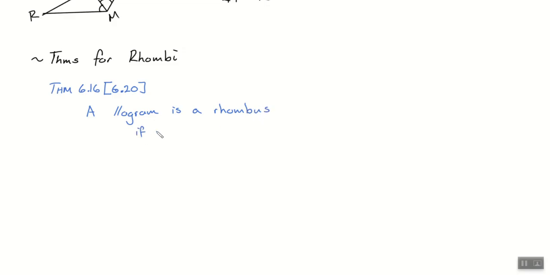I'm going to write if and only if. Just kidding, that's 4 words. Is there one single word that you could write in place of if and only if? If, with 2 F's. A parallelogram is a rhombus if and only if the diagonals perpendicularly bisect one another.